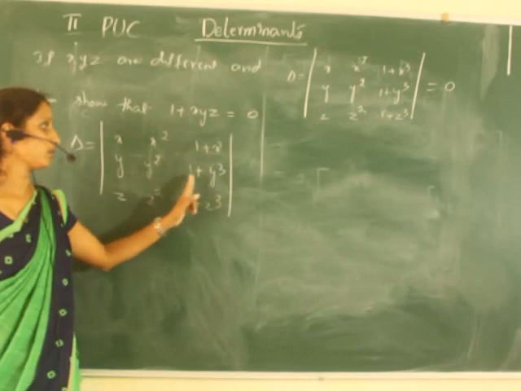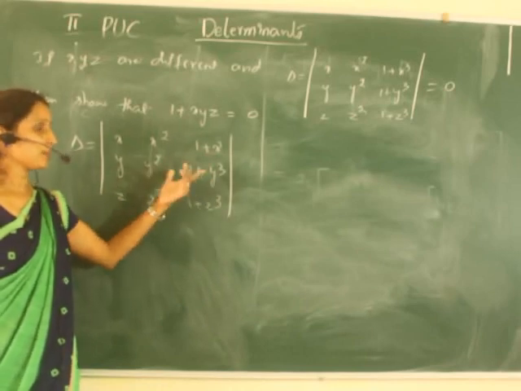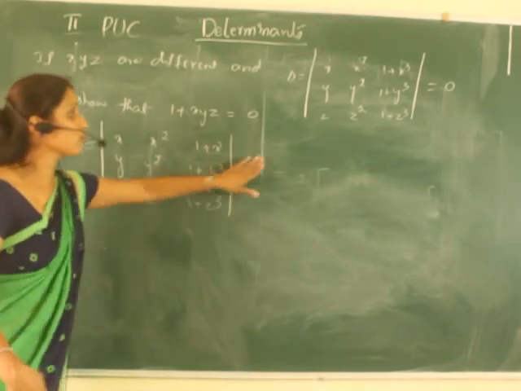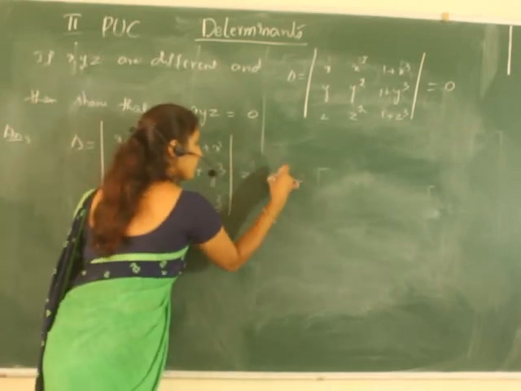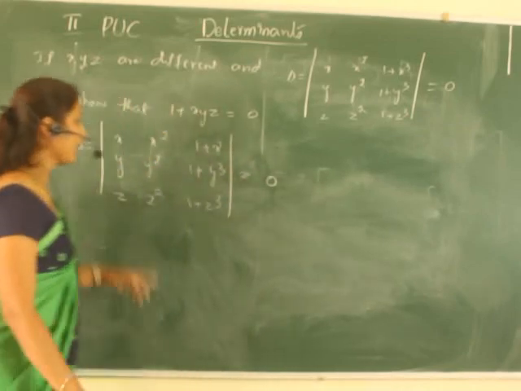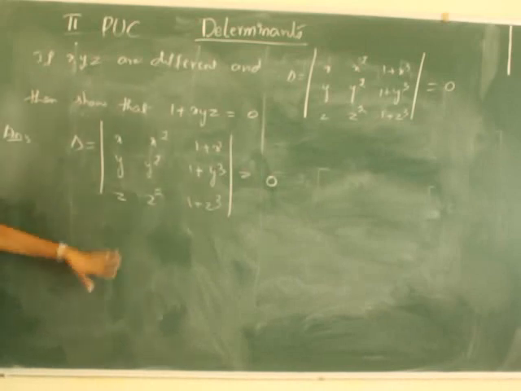So 1 plus x cube, 1 plus y cube, and it is given equal to 0. So I'll express the sum of two determinants.